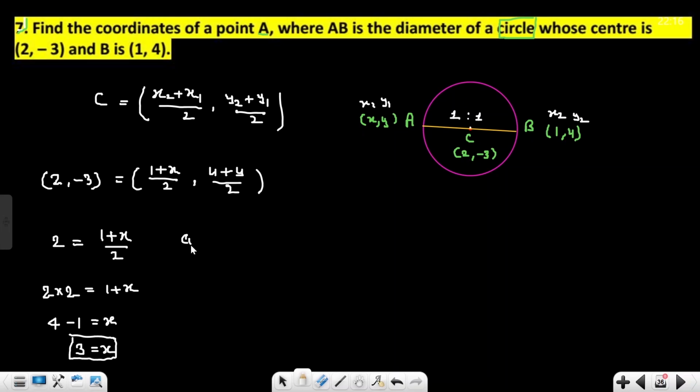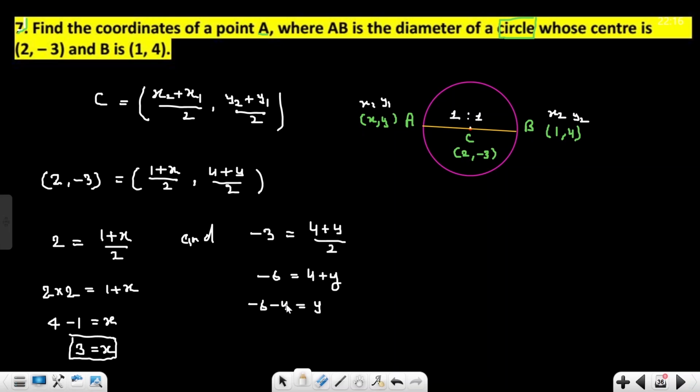Now similarly we solve. -3 is equal to (4 + y) divided by 2. Change the denominator 2 to the other side: 2 times -3 is -6, equal to 4 + y. Change the 4 to the other side: -6 minus 4.